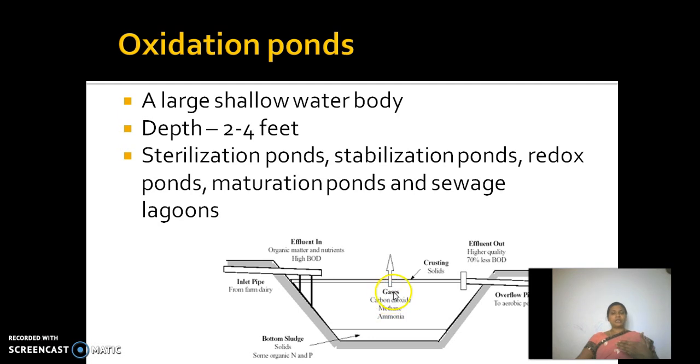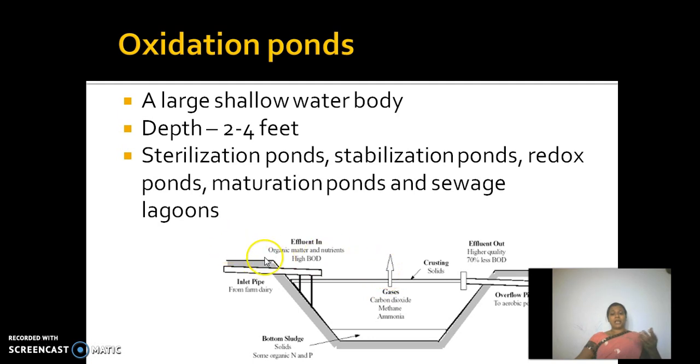which will allow the diffusion of oxygen on the surface. So at a few feet near the surface, the oxygen level will be quite high, and that will allow the growth of aerobic microorganisms. These aerobic microorganisms oxidize the organic compounds or the suspended colloidal particles in the sewage.